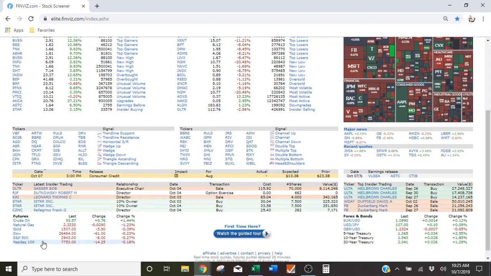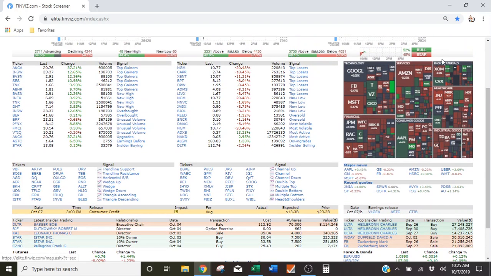It gives you crude oil, futures, natural gas, gold, Dow, S&P, and over here it gives you also what's happening on major news, recent quotes, what the market is looking like, and it's sectioned off again just for your needs into technology, services, basic materials, healthcare.